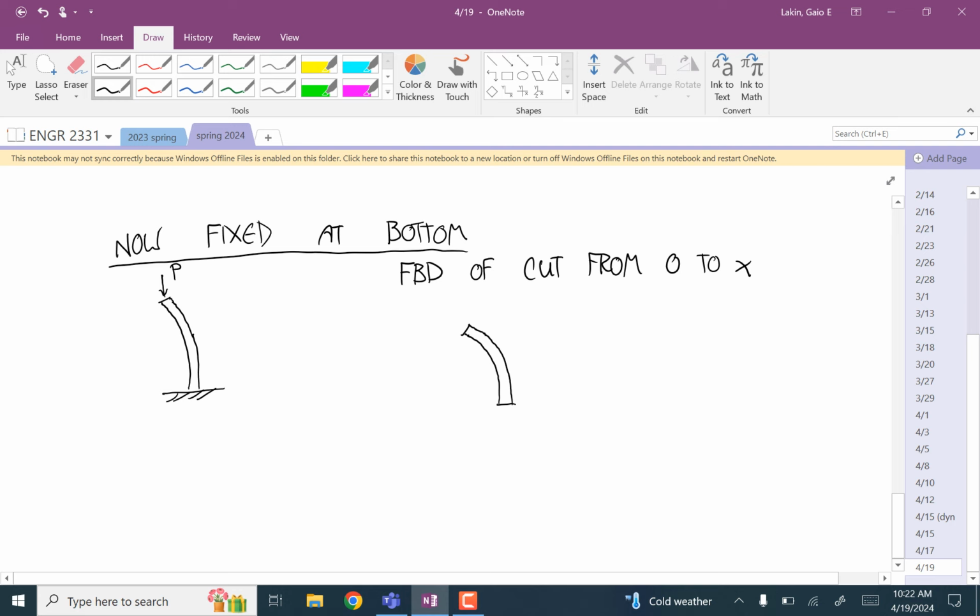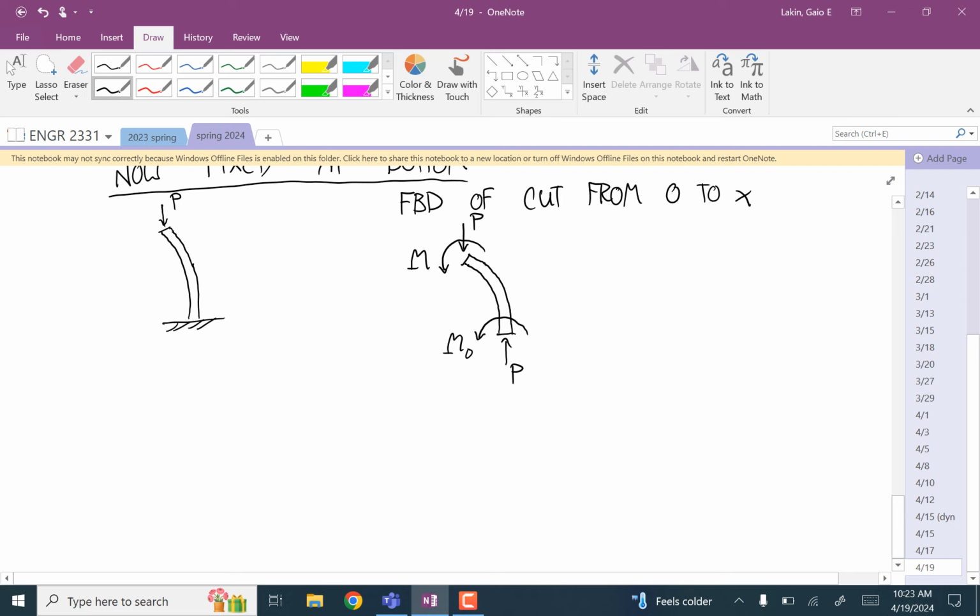If that P is being applied to the top, it means that no matter what the cut is, there's a P there and a P there. Okay. Since this is a fixed joint, you know fixed joints also apply a couple. So there's also a couple here. I'll call that M sub 0. And then there's also a bending moment here that I'll call M. Okay.